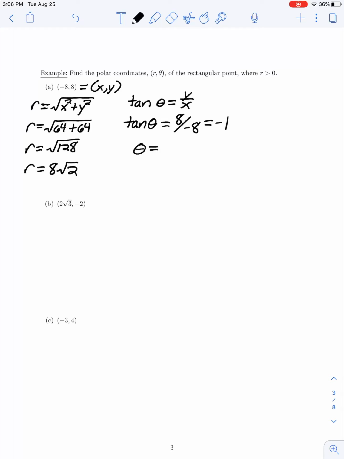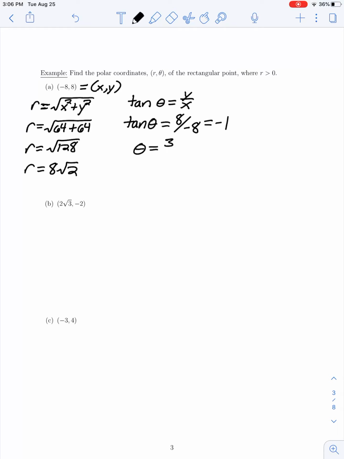Since tangent would be negative, that means that x and y have opposite signs. And since it has a magnitude of 1, that means that x and y would have to be the same quantity, maybe just differing in signs.